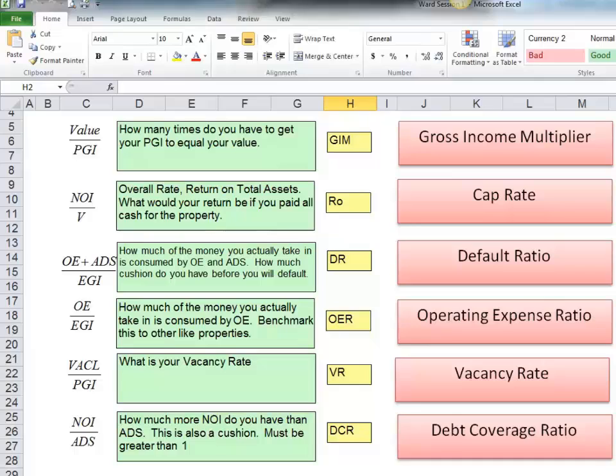Whereas if you were doing a project in a market that we were more comfortable with, because we're real comfortable with you, we'd probably be looking at 1.2.